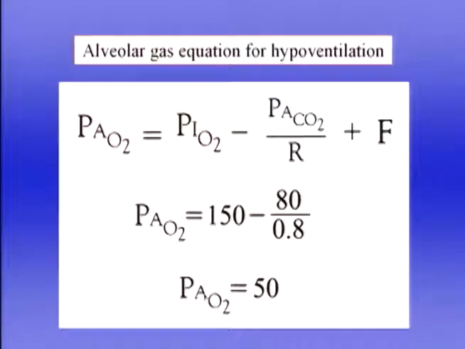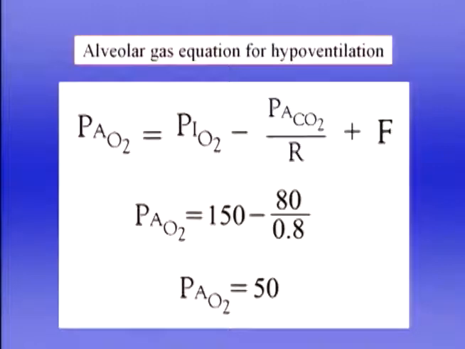So that's the way in which we look at the fall in alveolar and therefore arterial PO2 in a situation of hypoventilation. Now here's a nice little problem. If we wanted to bring that alveolar PO2 back to the normal value by giving the patient some enriched oxygen to breathe, what oxygen concentration would we need?